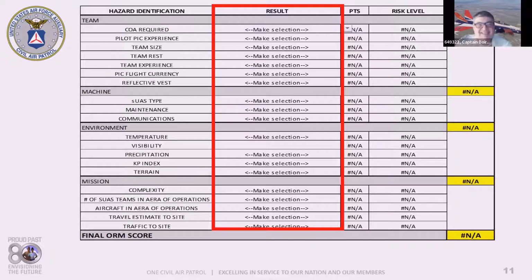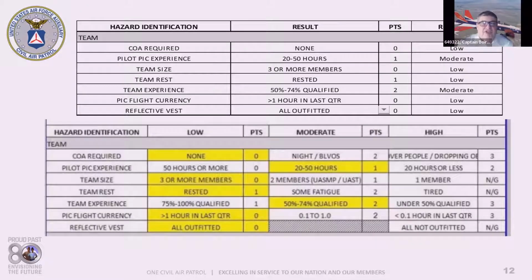So let's take a look at what each one of the hazard identification headings mean and what options are available to us in the drop-down menus. Here you see we've made some choices, okay? And below is the choice key for every identified potential hazard. So let's go through them. COW. So is there a certificate of waiver or authorization required? Okay. So our options are none, we need a certificate of waiver or authorization for a night or BVLOS.